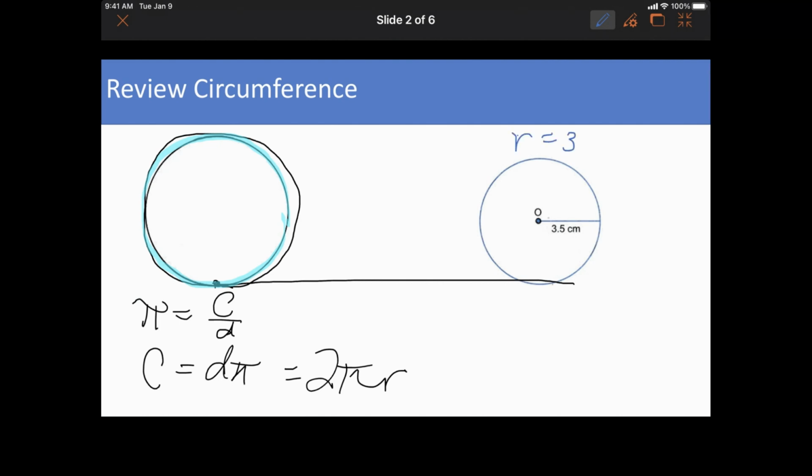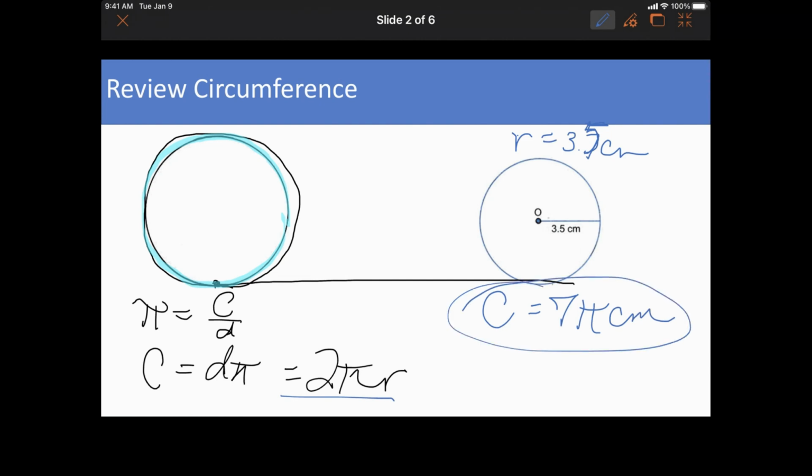Okay. So using this formula, oops, I put 7, my bad. 3.5 times 2 times pi is going to be 7 pi centimeters.